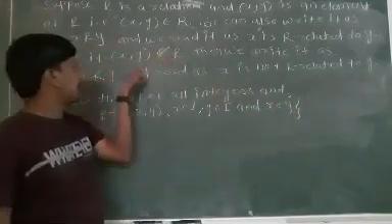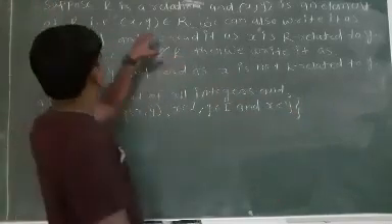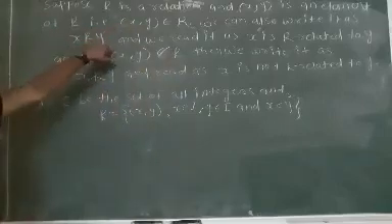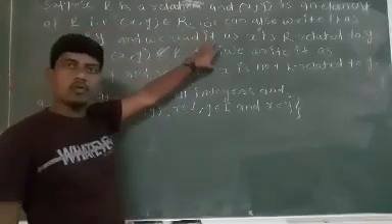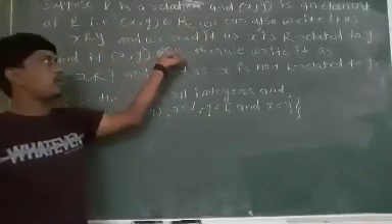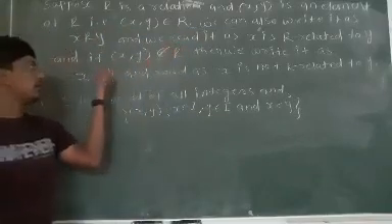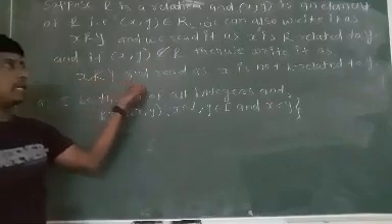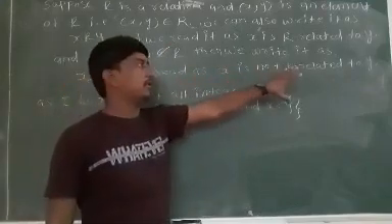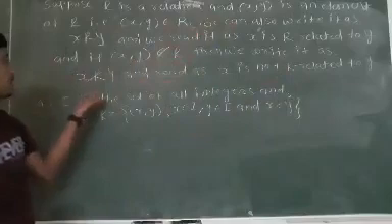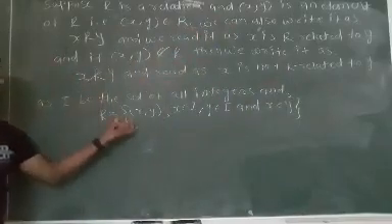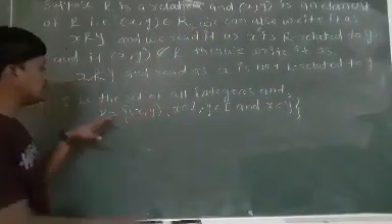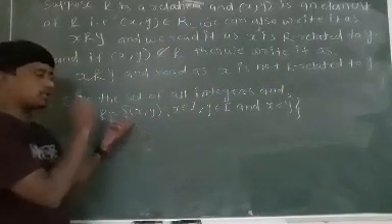If (x, y) is an element of relation R, then we write x R y and read it as x is R related to y. If (x, y) is not a member of relation R, then we write it with this crossed symbol and read it as x is not R related to y. Now let us see which elements belong to this relation.